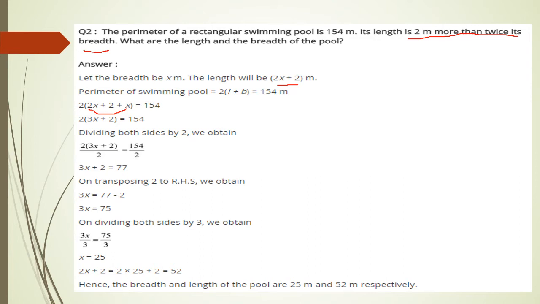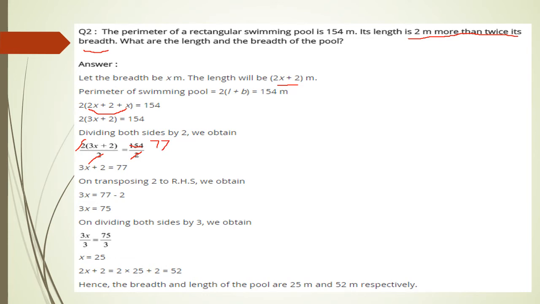Then 154 by 2. Children, this 2 and this 2 get cancelled. Next, 2 1s are 2, 2 7s are 14, again 2 7s are 14.